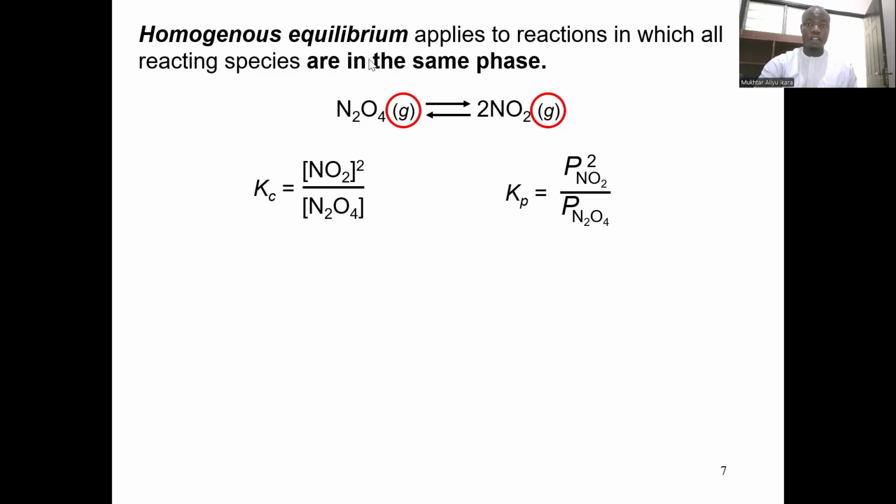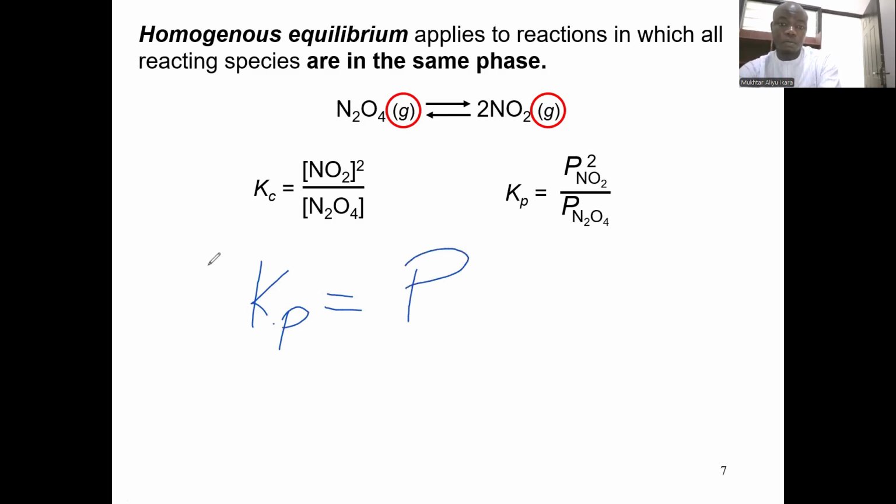To measure Kp, what we are going to do is say Kp is going to be, so this is our product, the partial pressure of NO2, and of course we have the coefficient. The coefficient is 2, so we put it here as a power.